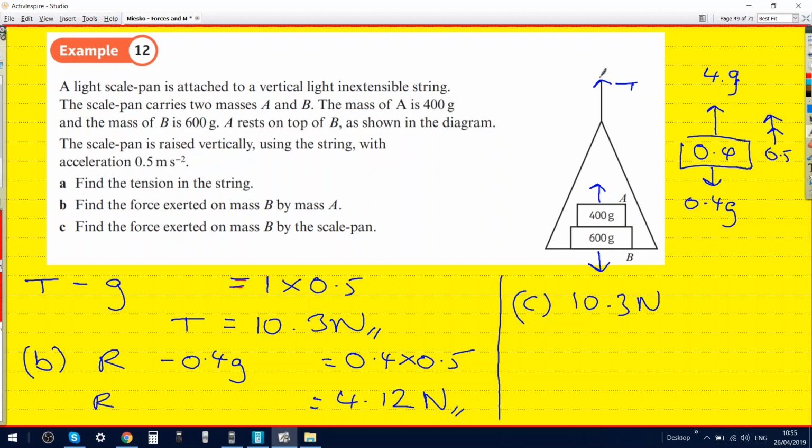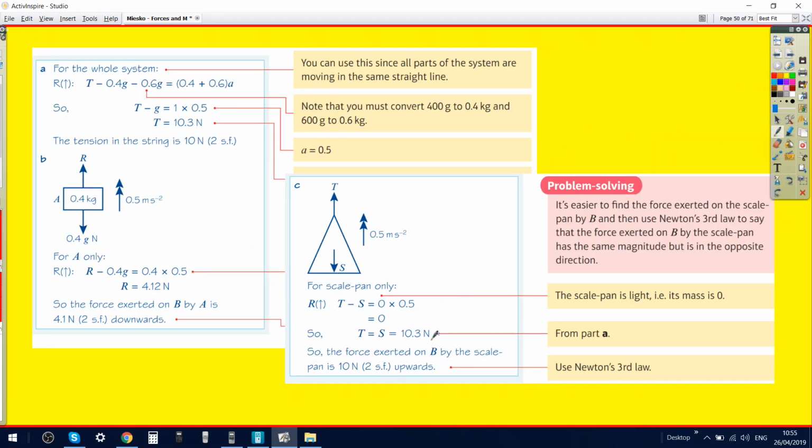Because if this is going up 10.3, then the pan will be putting 10.3 in it. Yeah. Like the floor or something. So they call it 10. Yeah, 10. So T minus S is equal to 0 because the pan has a mass of 0.